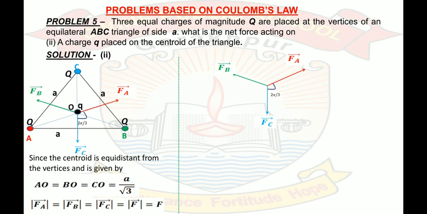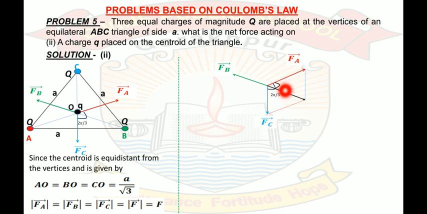Now if we add Fa and Fc by the parallelogram law method, then we have the resultant just opposite to Fb, and this resultant will be at 60 degrees. Suppose this angle is 2 pi by 3, Fa and Fc are equal, so the resultant will be exactly in between.